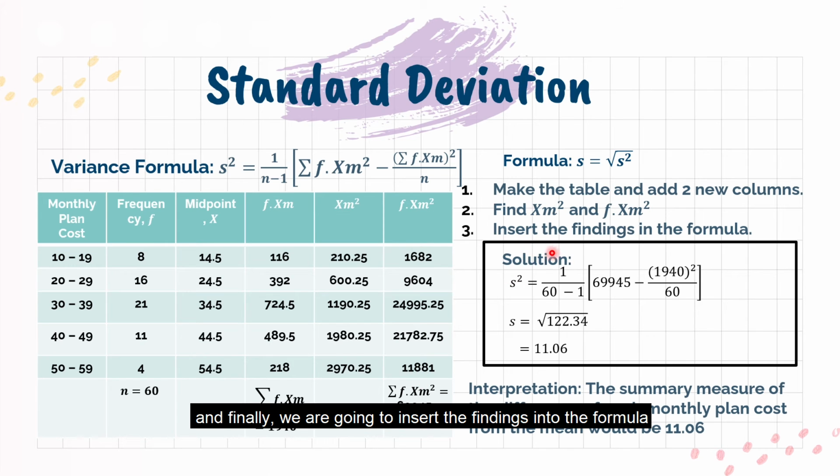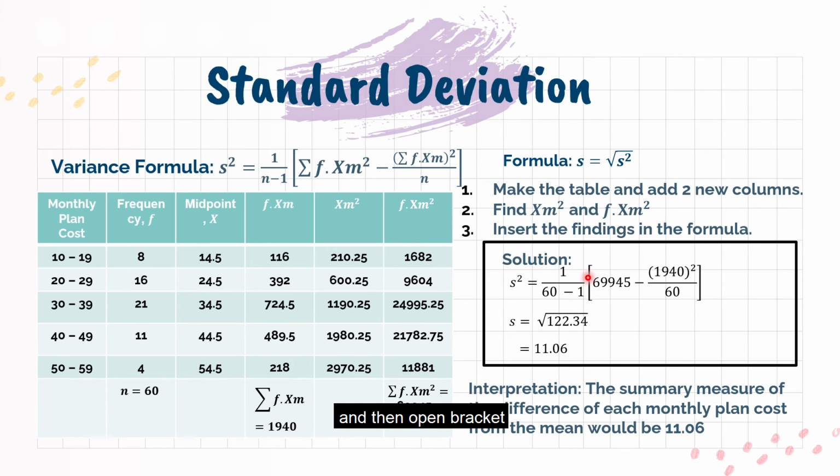Finally, we insert the findings into the formula. So s squared equals 1 over 60 minus 1, where n equals 60, and then open bracket, the total of frequency multiplied with midpoint squared is 69,945, minus the total of frequency multiplied with the midpoint, which is 1940, squared and divided by 60, which gives us 122.34.